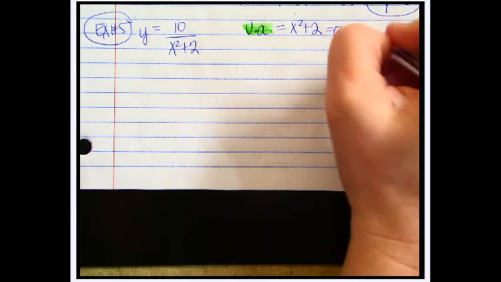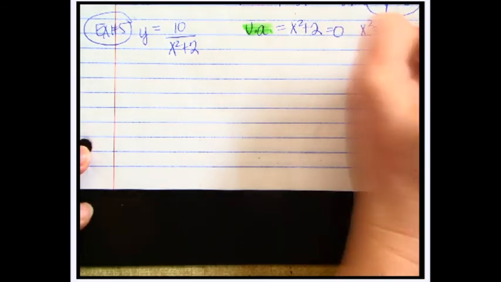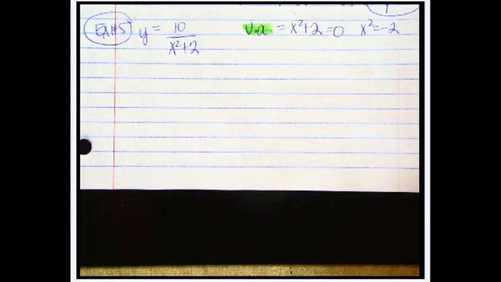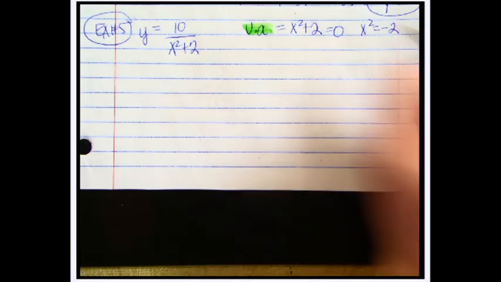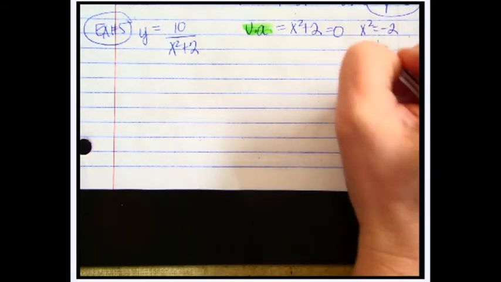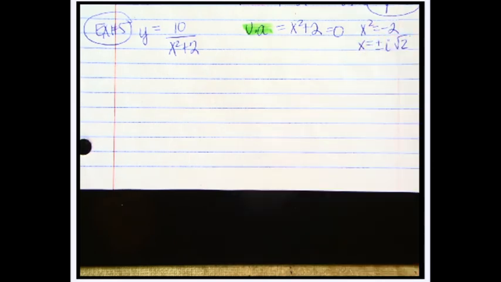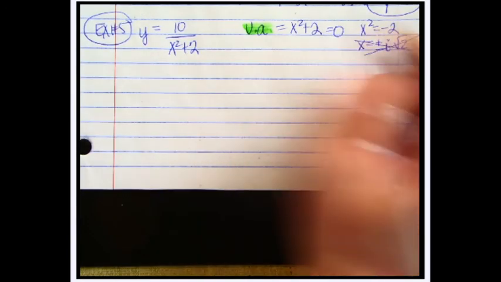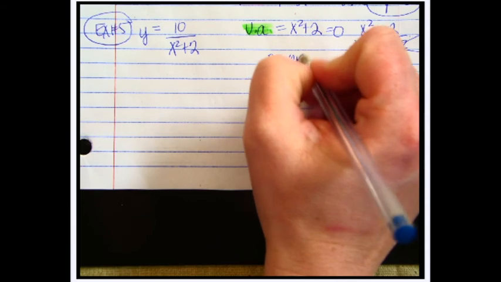And we would have x squared equals negative 2. And remember, when we take the square root of a negative, we get i's. Okay, but we are graphing on a real plane. And will imaginary answers show up on a real plane? The answer is no. And so we have no vertical asymptotes.